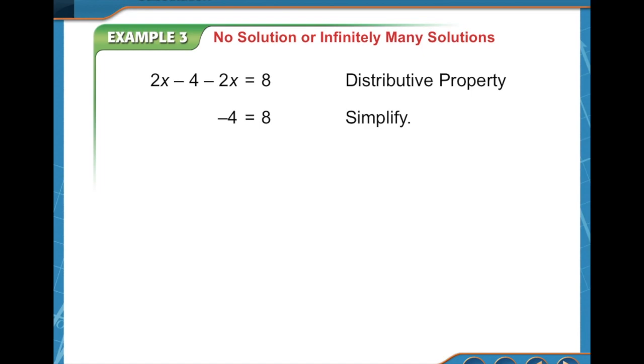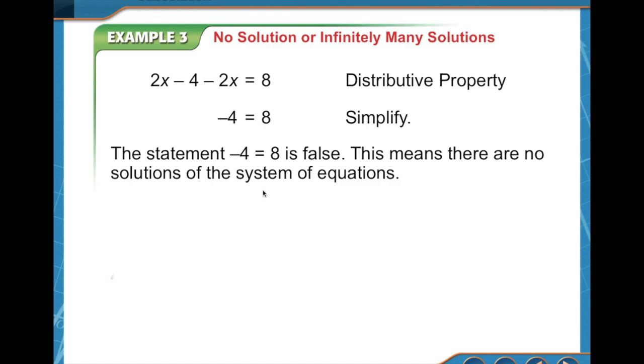There's no number that would make negative 4 equal to 8. So, in other words, there is no solution to the system of equations. So make sure you have down no solution for this example 3a problem today.